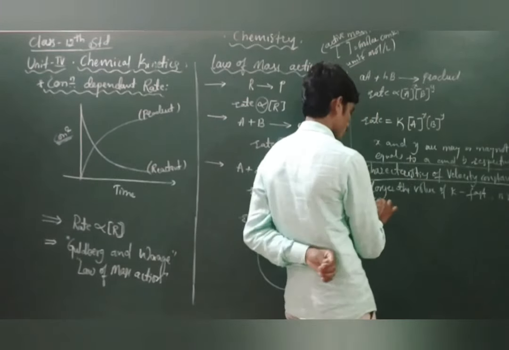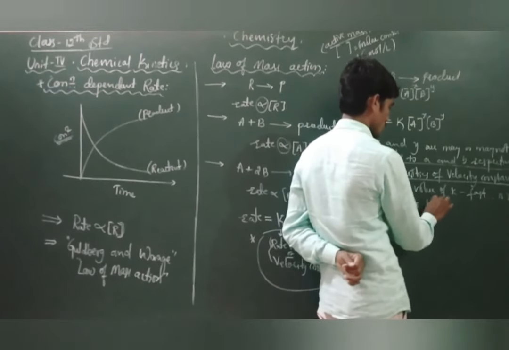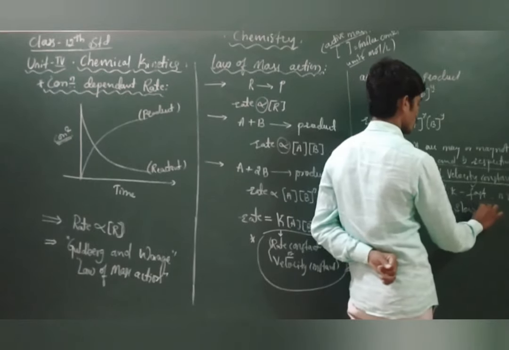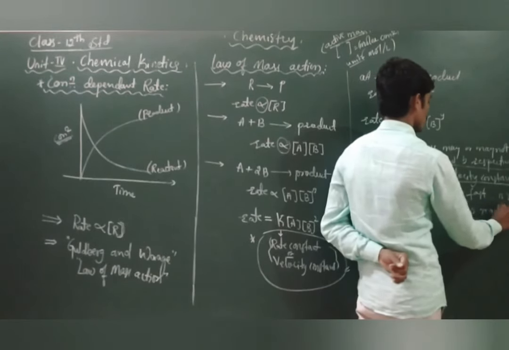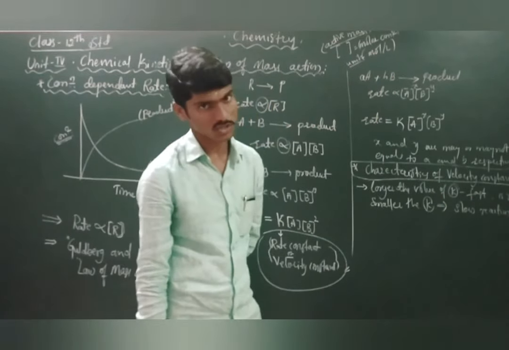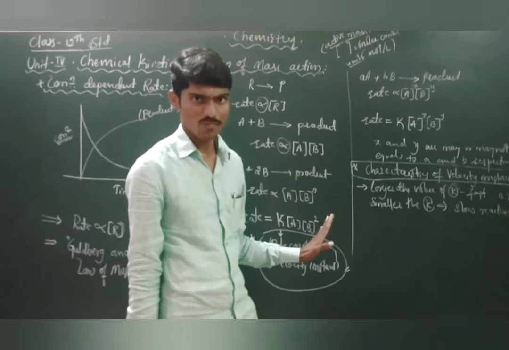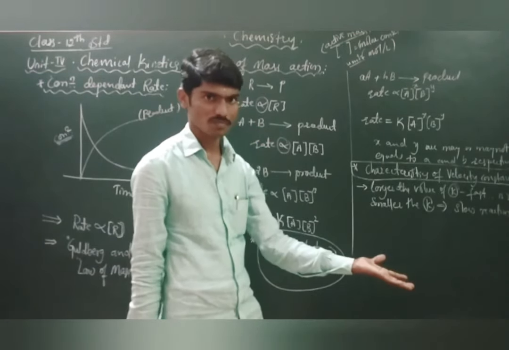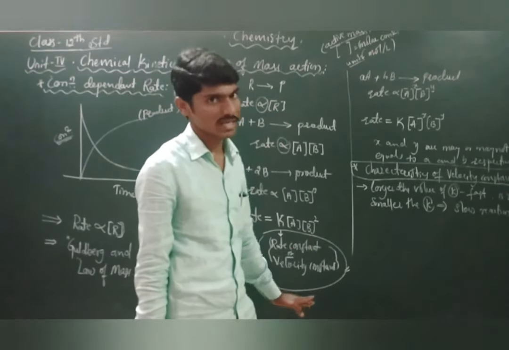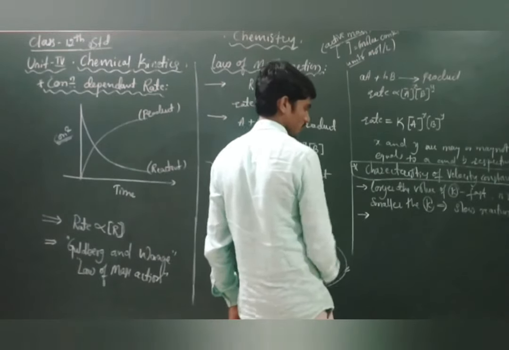A smaller value of K indicates a slow reaction. So the magnitude of this K value indicates whether the reaction is fast or slow. Rate constant, velocity constant का value अगर ज़्यादा है, that indicates the reaction is a fast reaction. If its value is less, that indicates it is a slow reaction. This is the first characteristic property.